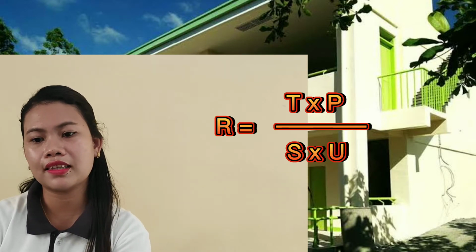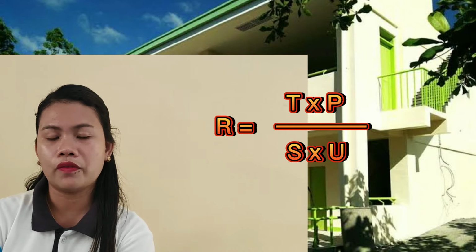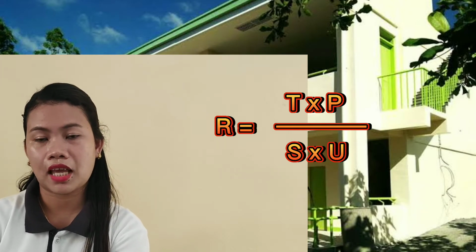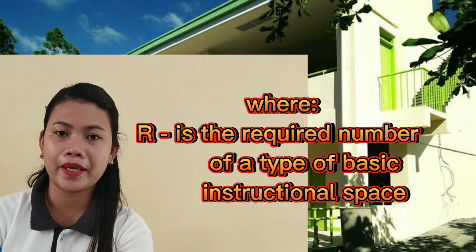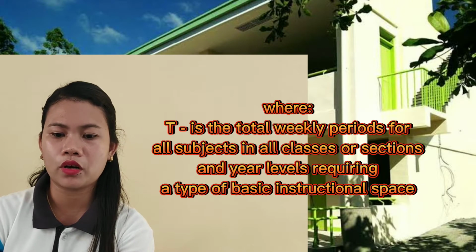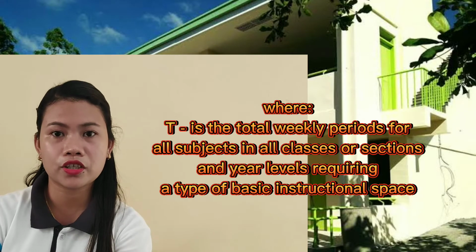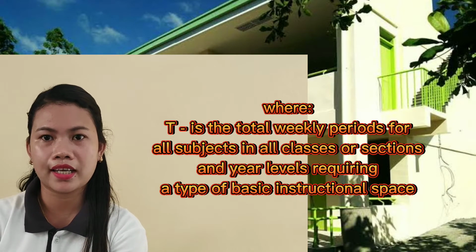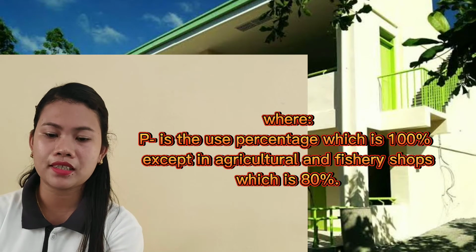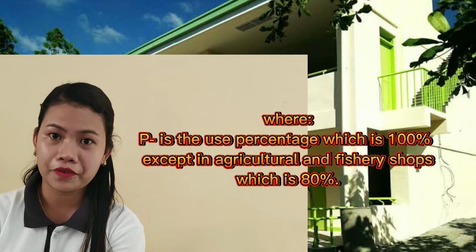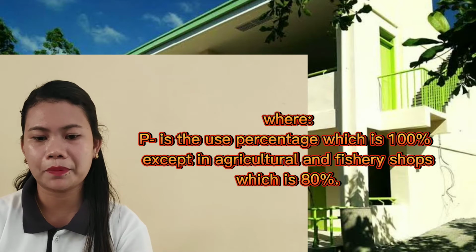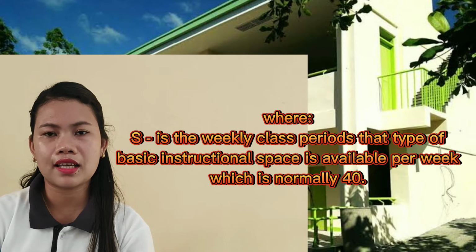R equals T times P over S times U, where R is the required number of a type of basic instructional space, T is the total weekly periods for all subjects in all classes or sections and year levels requiring a type of basic instructional space, P is the use percentage, which is 100% except in agricultural and fishery shops, which is 80%, S is the weekly class periods.